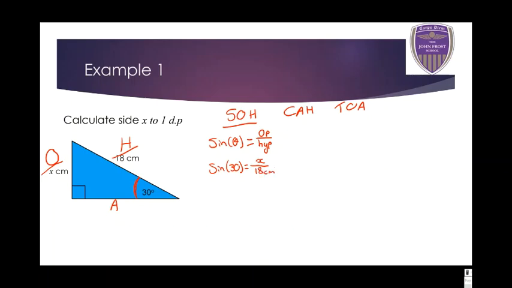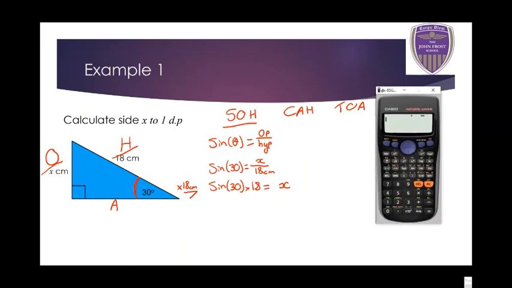We need to rearrange this equation so we've got X on its own. Because X is divided by 18, if we multiply both sides by 18 centimeters, we will get sine 30 times 18 equals X, because the 18 centimeters will cancel out.